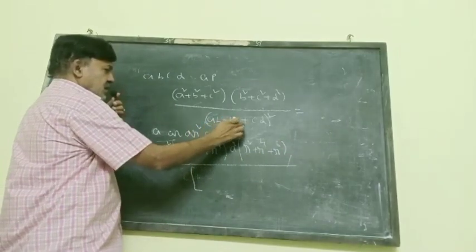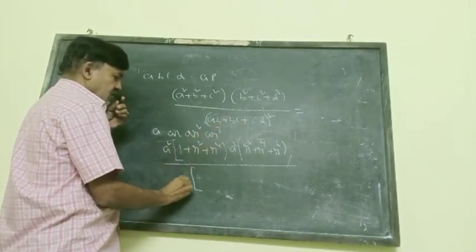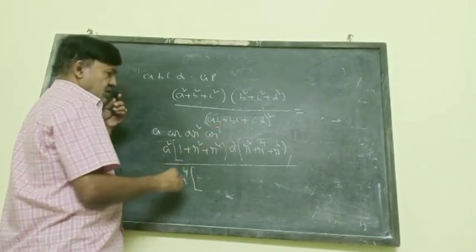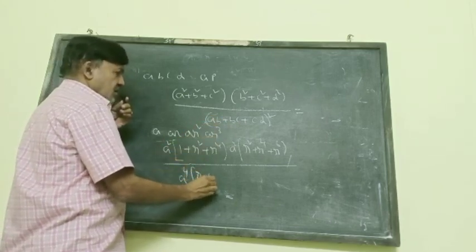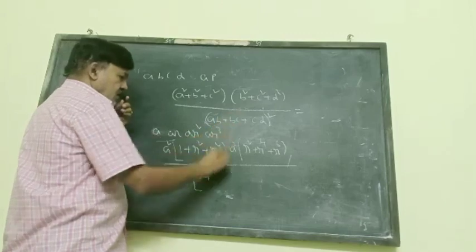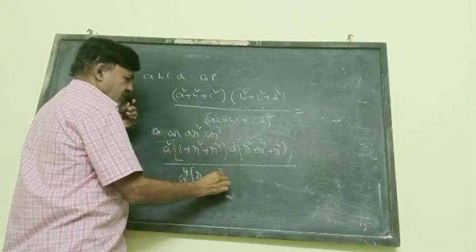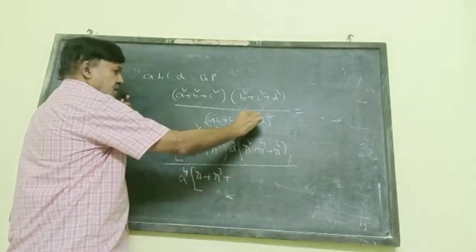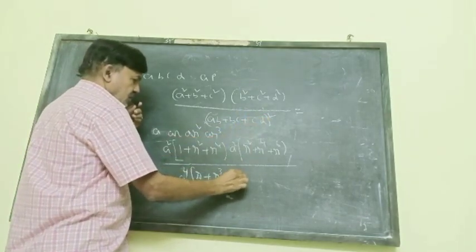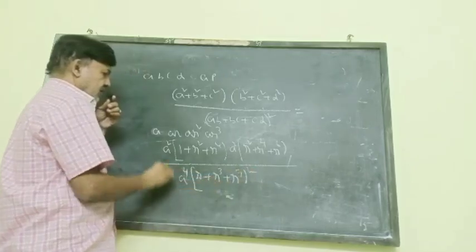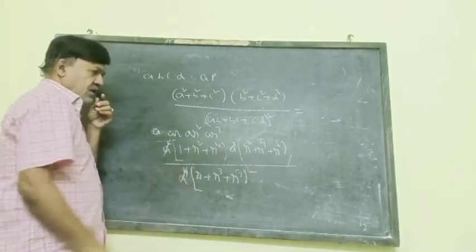Here AB, BC means you can have A square whole square, so A power 4 common. 1 into R, R into R square to R cube, R square into R cube to R power 5. All these things will cancel.